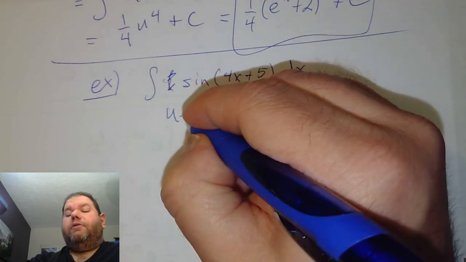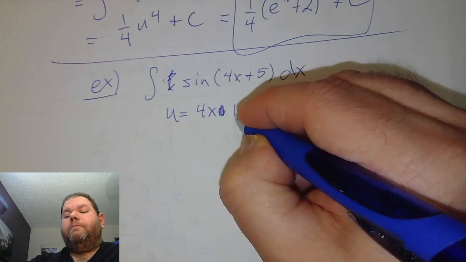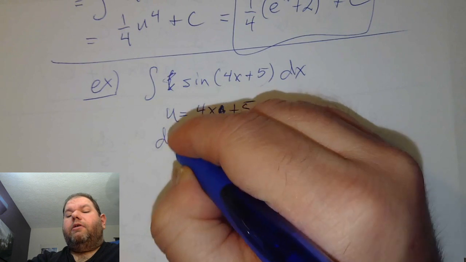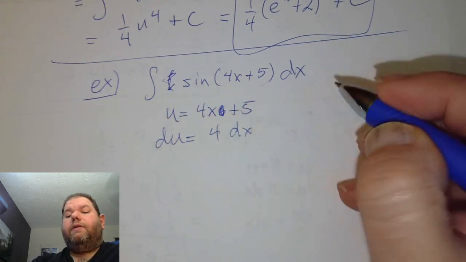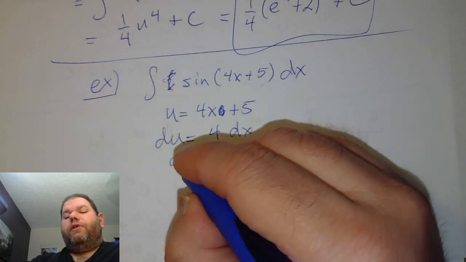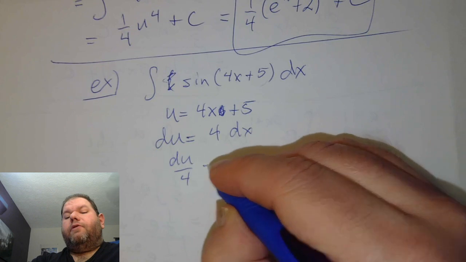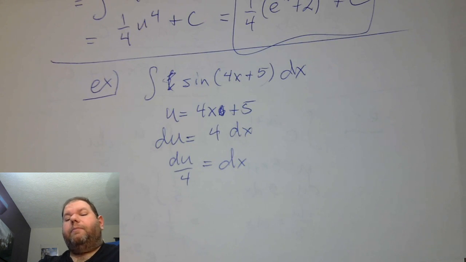So we'll let u equal 4x plus 5. du, that's just 4 dx. But again, 4, we could take and divide that over, so we can say du over 4 is equivalent to dx.